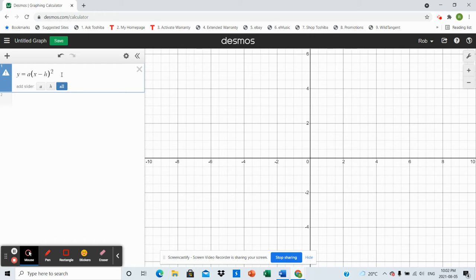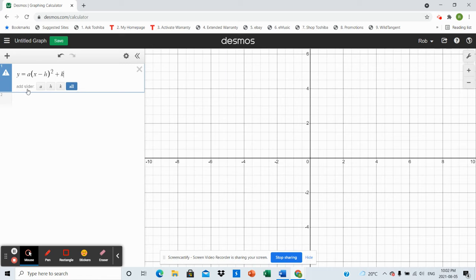You'll notice the cursor drops back down, plus k. So there's our general form of our vertex form, y equals a times in brackets x minus h squared plus k. And this is the form we like to use for transformations.